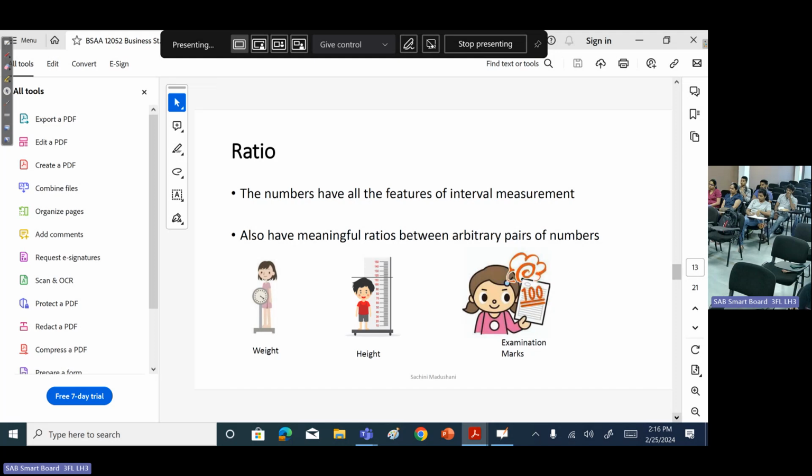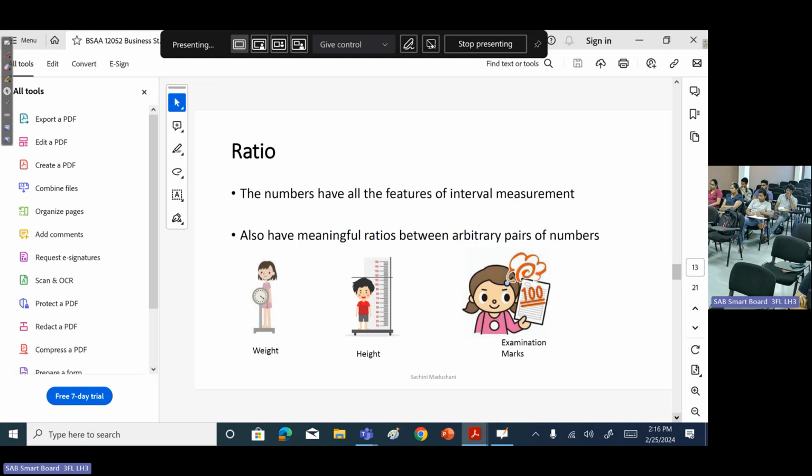Okay. Then the last one is ratio scale measurement. All the features in the interval scale are included in the ratio scale. We can label it, we can rank them, we can take the count. Okay, then we can take the difference between the two measurements that represents meaningful information.